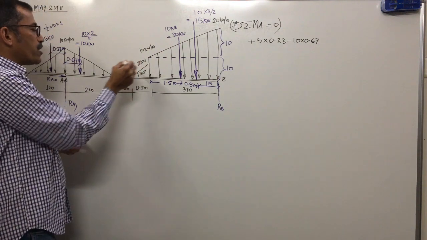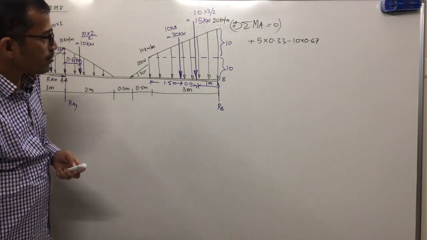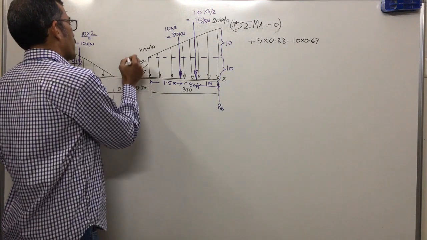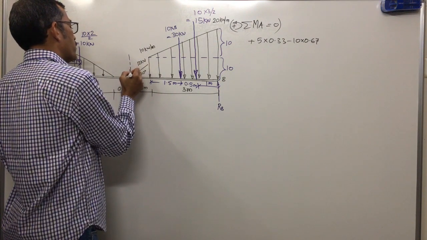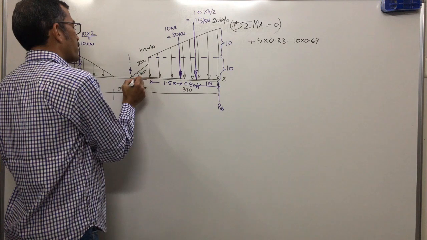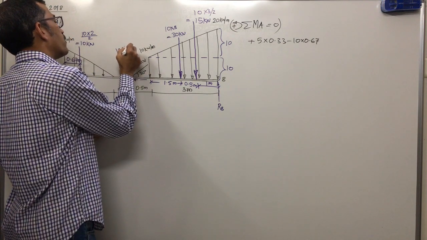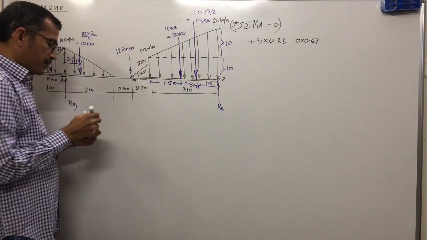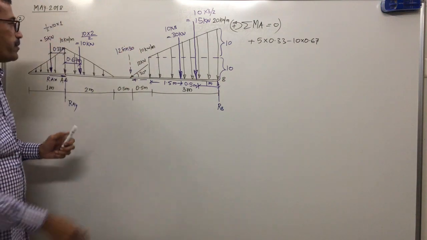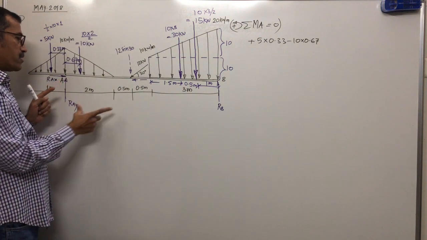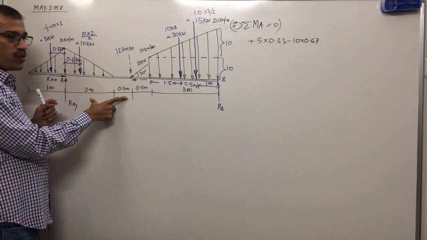After this, if you want to take the moment of 12 kilonewton, we'll resolve it into vertical and horizontal components. The angle is with the horizontal, so the vertical component is 12 sine 30. The moment of 12 sine 30 about A is again clockwise, distance 2 and 0.5, means 2.5.